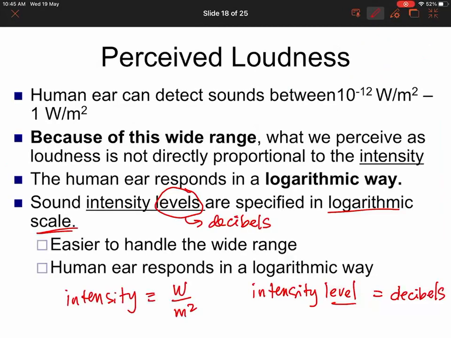That's the perceived loudness of sound that the ear perceives in a logarithmic scale. Perceived loudness.